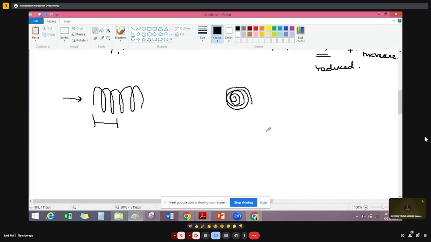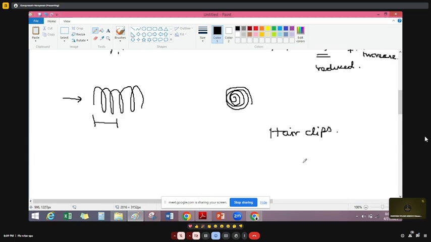Another type of spring you must have seen is, girls, when you are using this, what do you call this in your hair, it's not hairpin, what do you call that, like hair clip, right?